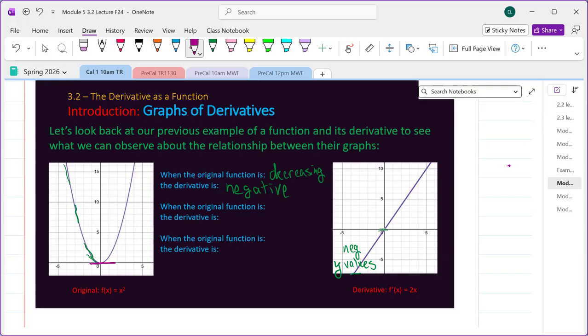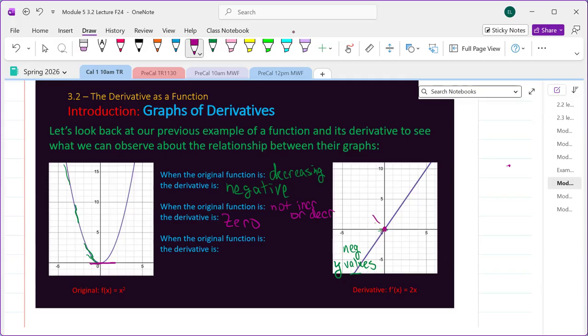Now, when the original function is neither increasing nor decreasing, then the derivative is 0. So our tangent line is flat.